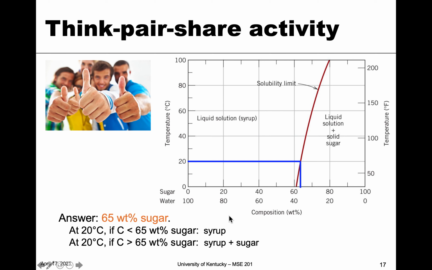There are other factors, we call them kinetics, which basically has to allow for the movement of molecules. And so there is an issue with that. But if we wait long enough, that sugar will dissolve. But just keep in mind that even if the equilibrium diagram here says that you can put 65 weight percent sugar in water at room temperature, don't expect that to occur instantaneously.